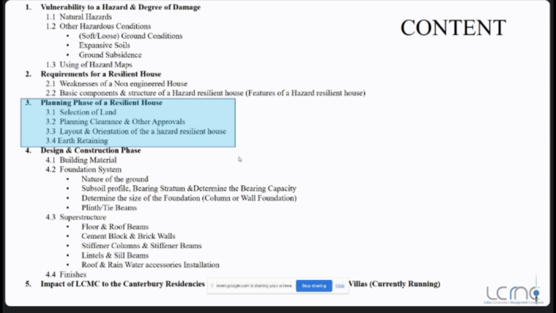There are several phases in terms of construction, and the planning phase is very important.